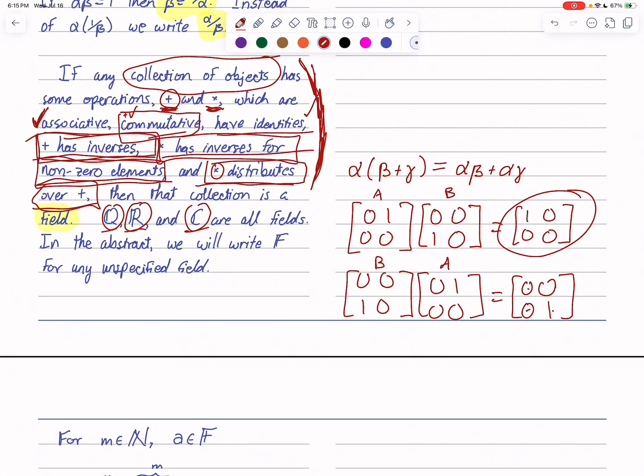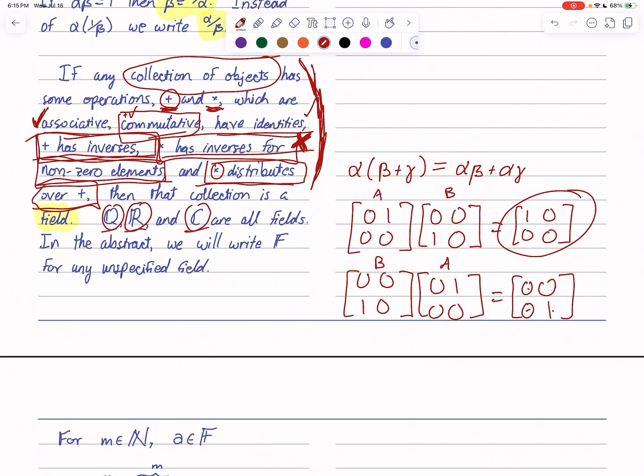What about multiplicative inverses? I shouldn't write a check, it's a cross, because there are certain non-zero elements, for example the number 2, which does not have a multiplicative inverse. There is no integer which when multiplied by 2 results in 1, so the integers do not have multiplicative inverses, and so they're not a field.